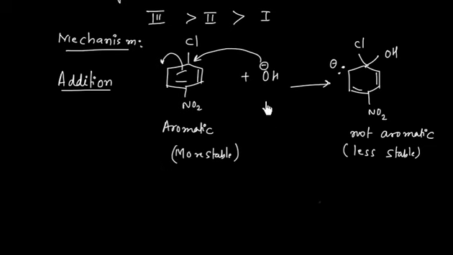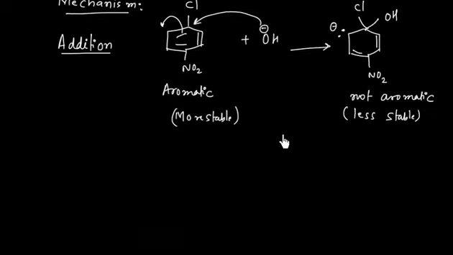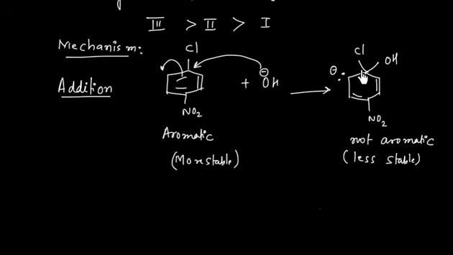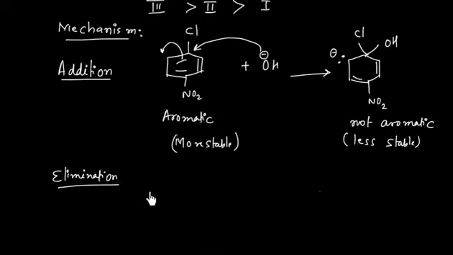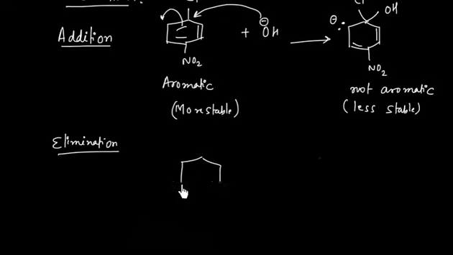So benzene has lost its aromaticity. Benzene wants to regain its aromaticity, and this can be done if it loses the chlorine, that is elimination. So it has chlorine and OH.